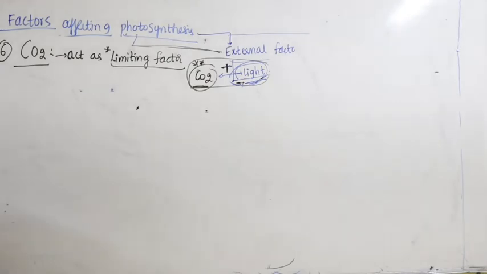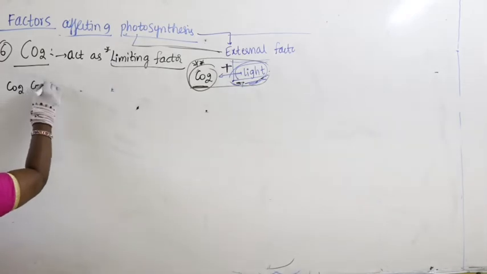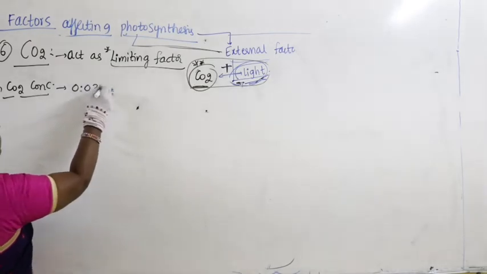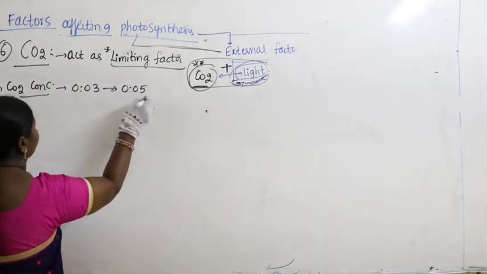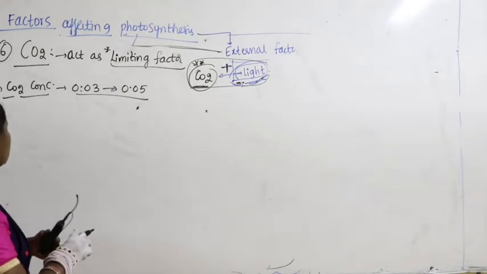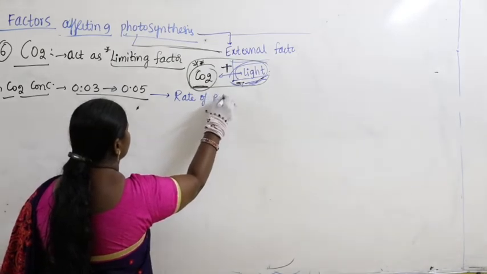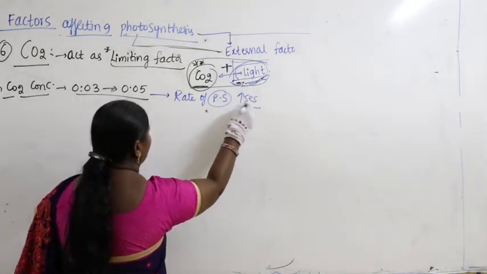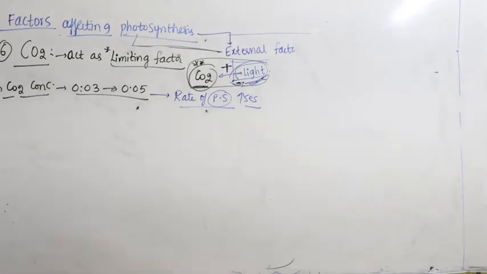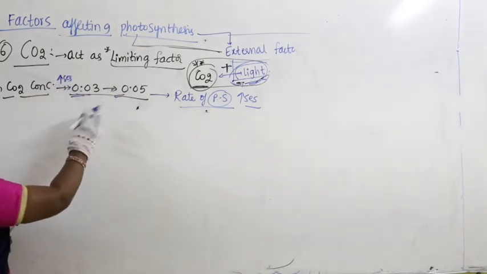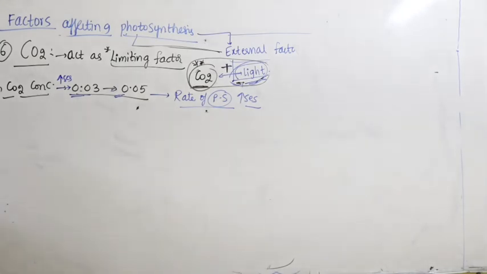Now carbon dioxide concentration, for example. If the atmospheric carbon dioxide concentration is 0.03 to 0.05, then the rate of photosynthesis increases. If the carbon dioxide concentration increases from 0.03 to 0.05, the rate of photosynthesis also increases.